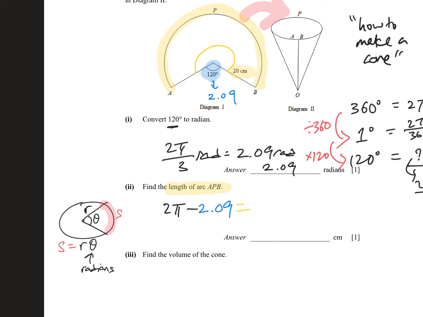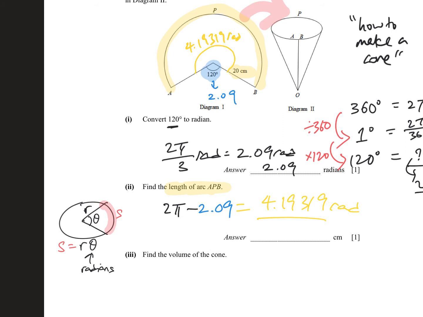What's left is the angle in yellow, which is 4.19319, and of course it goes on forever. I'll just leave it to 5 dp for now, so I don't get any rounding off errors. So this is 4.19319 radians.